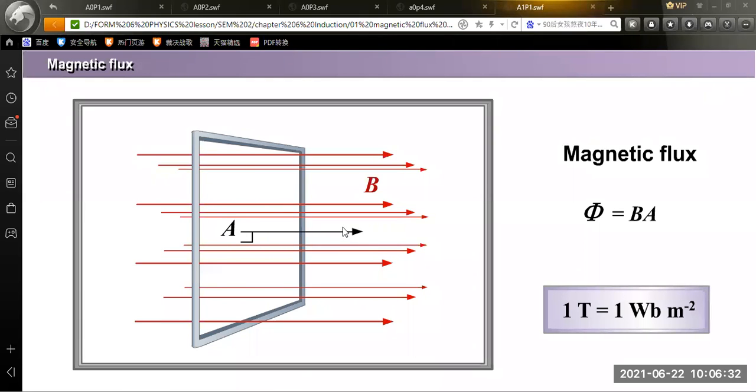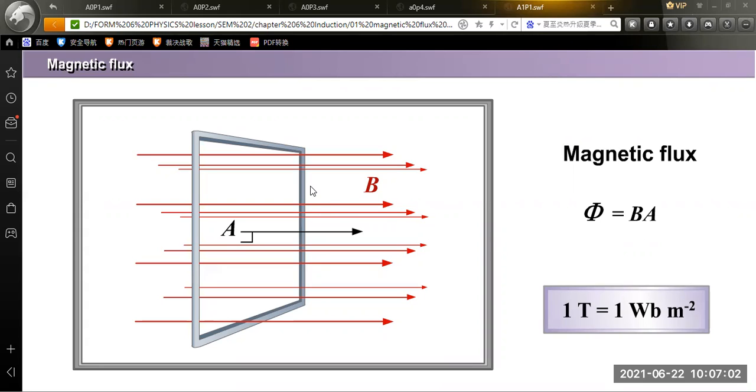Okay, so this means that now they are parallel. The surface is parallel to the magnetic flux density. So as a result, we say that magnetic flux is equal to B times A.